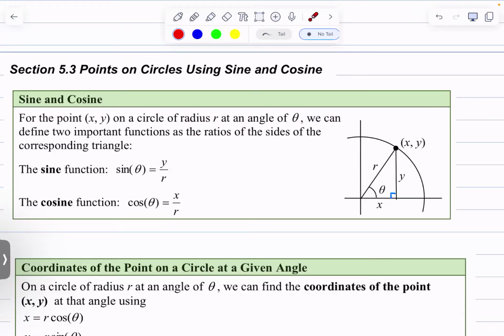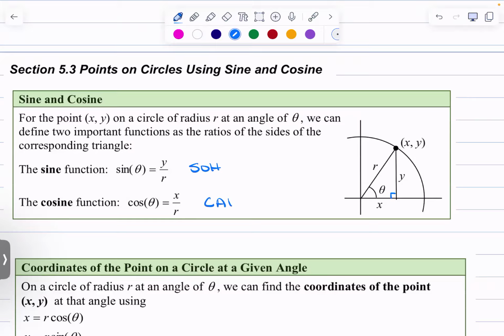For a point x, y on a circle of radius r at an angle of theta, we can define two important functions as the ratios of the sides of the corresponding angle. So the sine function, sine theta, right? And I know you know.